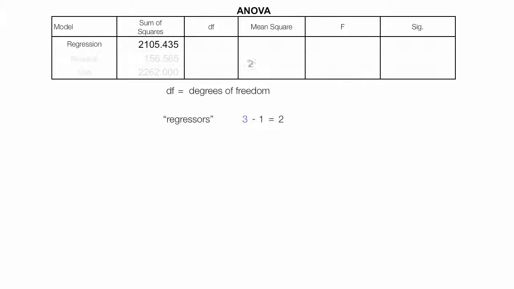And I'll put the 2 up there. Degrees of freedom is a difficult concept, and I discussed that in another video on my channel. Now if I take my sum of squares divided by the degrees of freedom, which is 2, this is equal to 1052, which is the mean square.